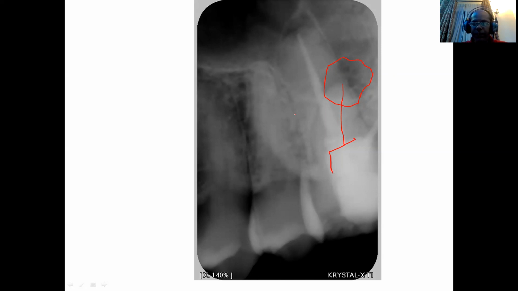I decided to retreat, removing the coronal restoration and the root fillings, and exploring for the MB2 canal, and then to do non-surgical retreatment and restore it back.